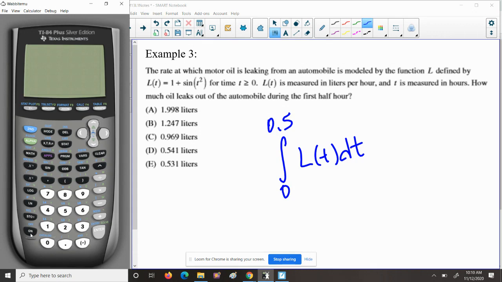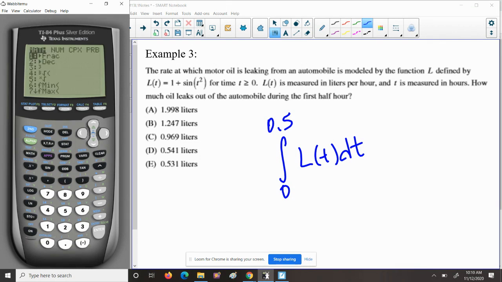Now, one big thing, make sure you are in radian mode, which you should be on your 89, but some of you have to switch back and forth in your 84s, depending on what classes you have. So just make sure if you are on your 84 that you are in radian mode, because we are dealing with trig.